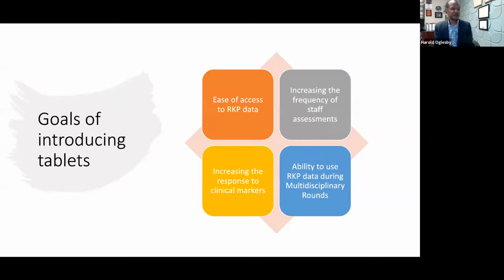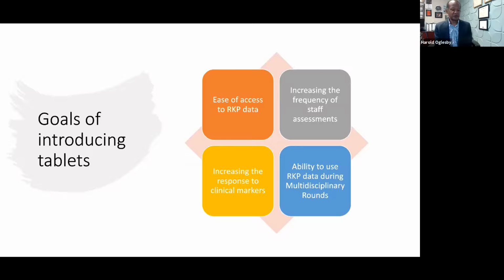And the data showed a couple of things, but our goal was to ease the access to the RKP data, to increase the frequency of the staff's assessment, to have an increased response to clinical markers. When I'm talking about clinical markers, the RKP alerts the person that's viewing it, even though it may not be a therapist, of particular markers that are set, and those thresholds are set according to each facility's protocols.